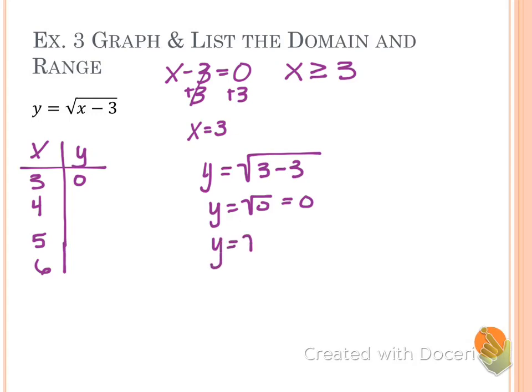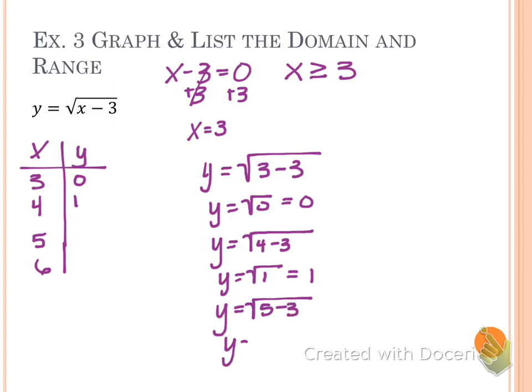And then we do the square root of 4 minus 3. What's 4 minus 3? 1. What's the square root of 1? 1. Then we do 5 minus 3. The square root of 5 minus 3 is the square root of 2. What's the square root of 2? 1.41.